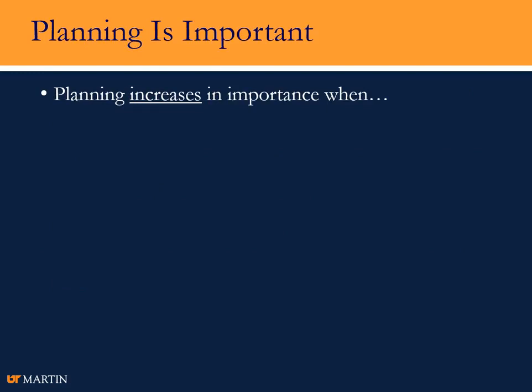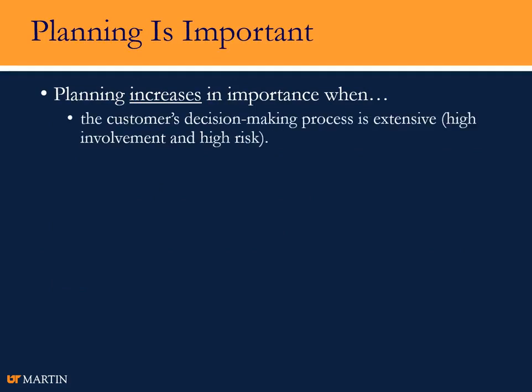There are a few things that increase the importance of your planning, and those are when the customer's decision-making process is extensive. We talked about extensive, routine and limited decision-making. When a customer is going to have to go through a lot of personal thought and consideration to make a purchase, because there's maybe a lot of risk, maybe the product's very expensive, and the risk of making a bad decision is very high, it's important that you plan very well.